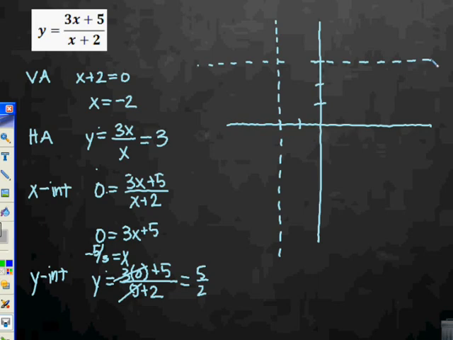So we've kind of given ourselves parameters of how this graph is going to appear. Let's put our x-intercepts on. Our x-intercept is negative 5/3, so that's about negative 1 2/3.